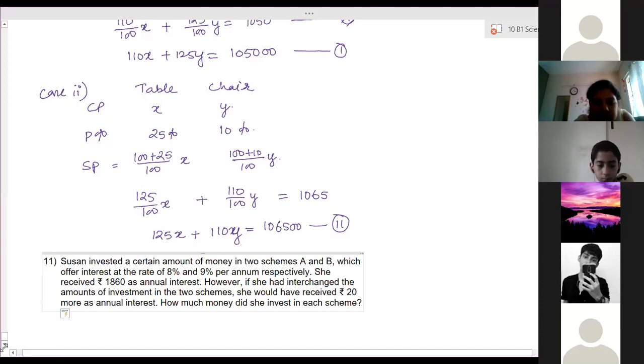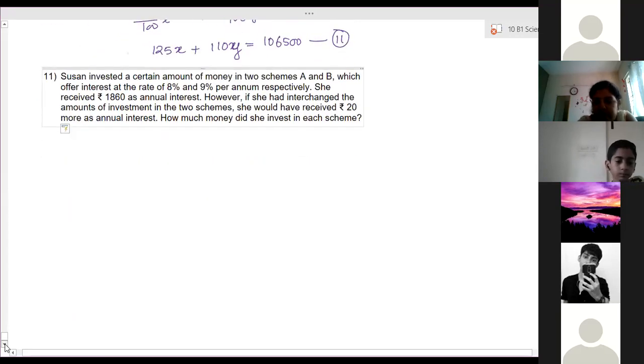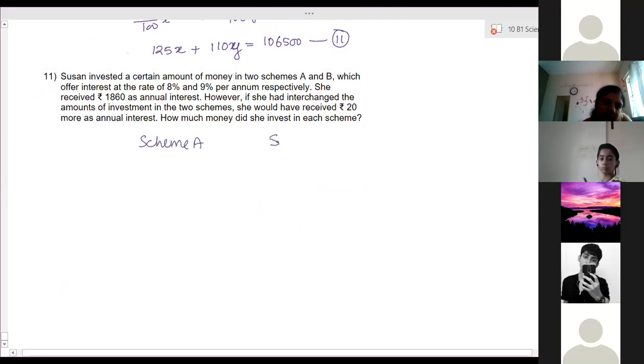Suppose she has invested rupees X and Y. Her investment in scheme A and scheme B is X and Y rupees. So now what is the rate of interest?